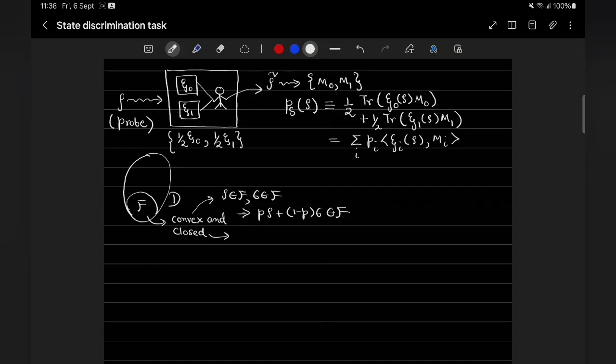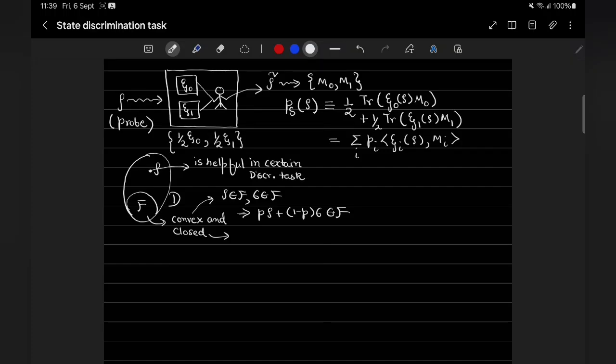So when I say free state, it is a state inside the convex set. And suppose I have a state outside this set, what I can say is that this state which is outside is helpful in certain discrimination tasks. So this is the main idea.